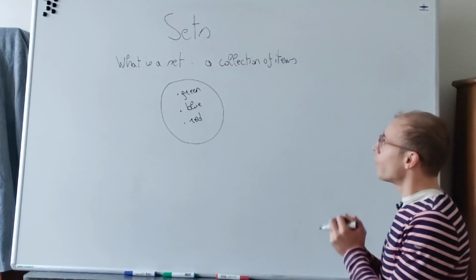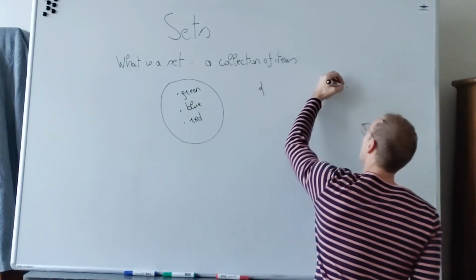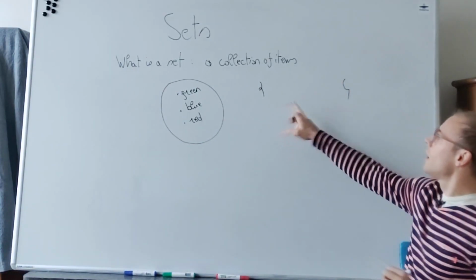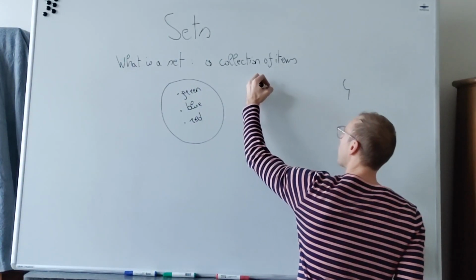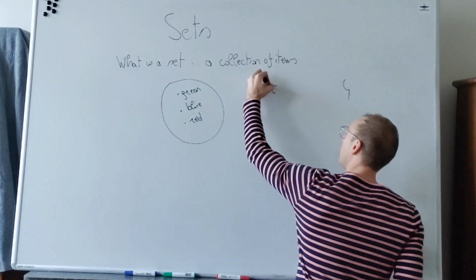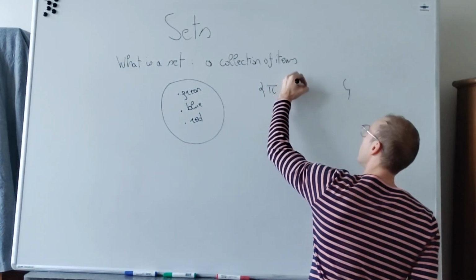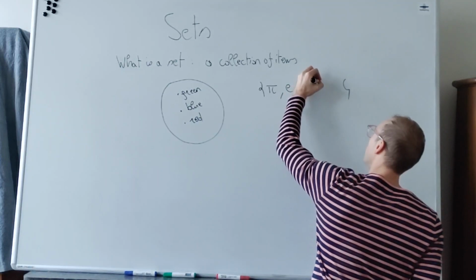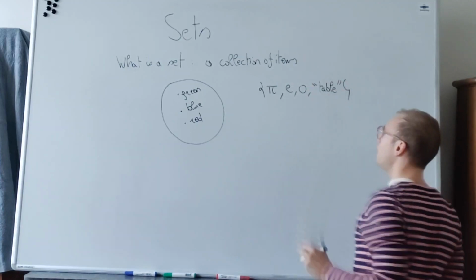Another way of representing sets is to put all the elements in between what we call accolades. So for example, I can look at the set containing the elements pi, the Euler number, 0, but I can also put in the word table.